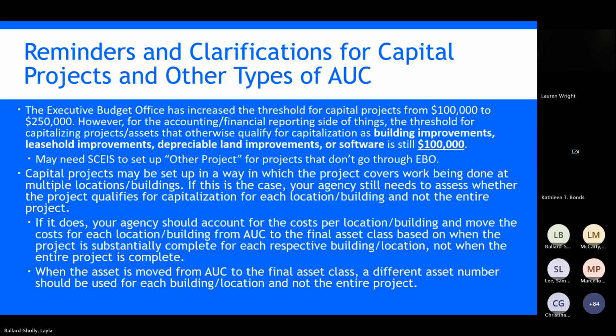But that would depend on the stuff we just talked about in the prior slide. But you would not wait to capitalize everything all at one time for the entire project as one asset. That would be bad. Please do not do that. I think some agencies may have done that in a few cases, and if you have, you may want to contact me because we should correct that.